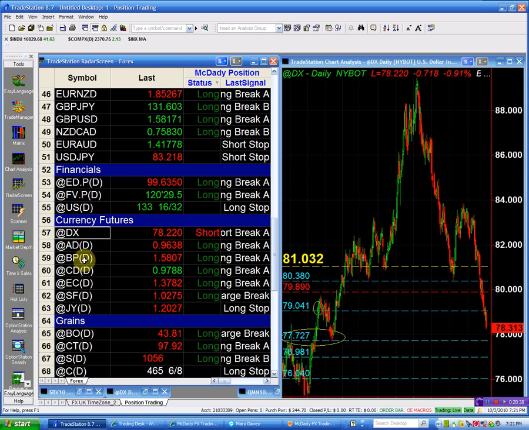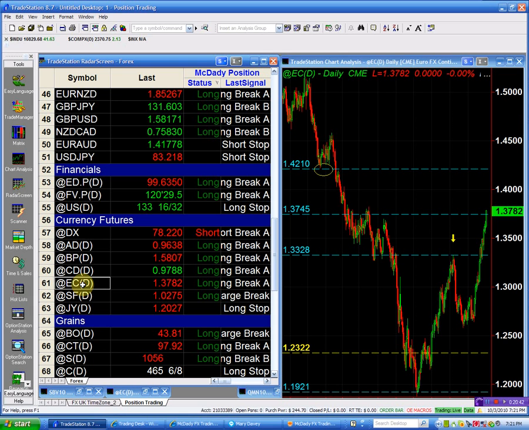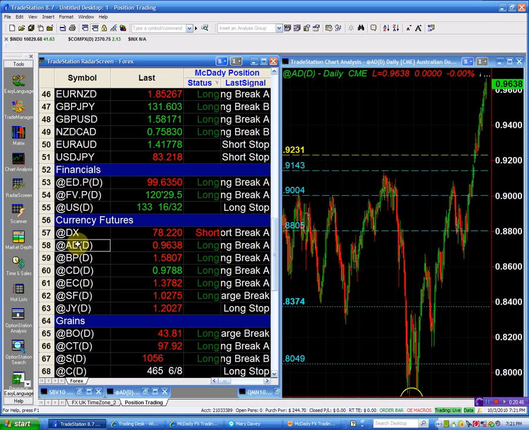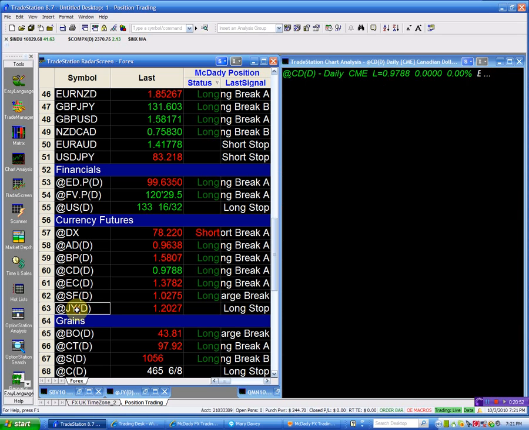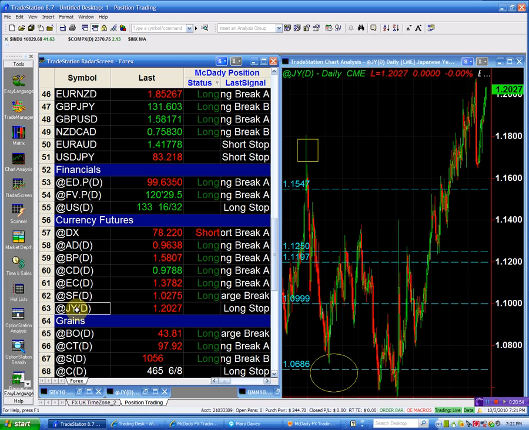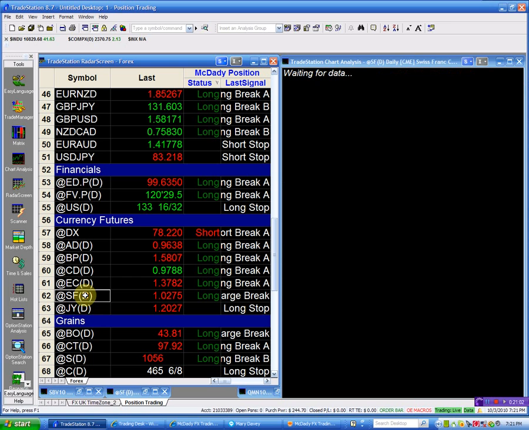The strongest of all currencies, as I said, is the euro, then followed by the Australian, then followed by the yen, and then I forgot to do the Swiss franc, and then followed of course by the British pound. So let's do the Swiss franc.